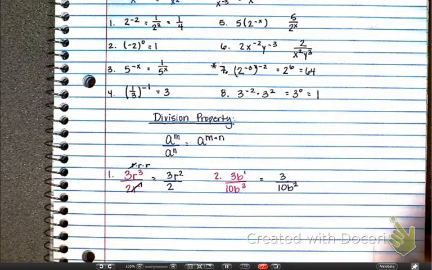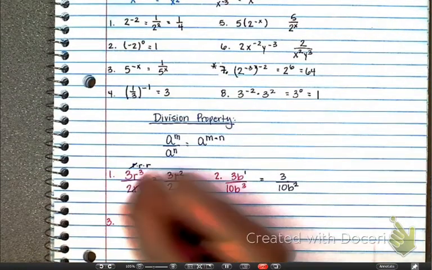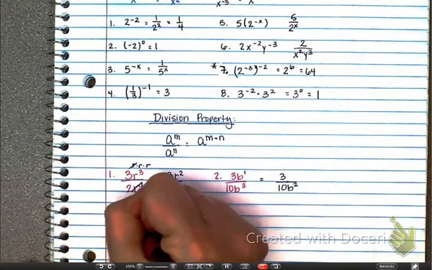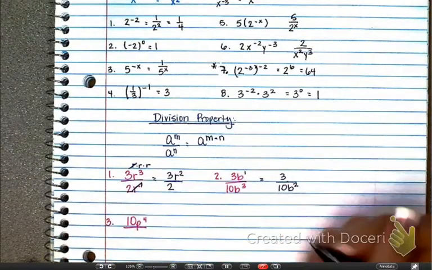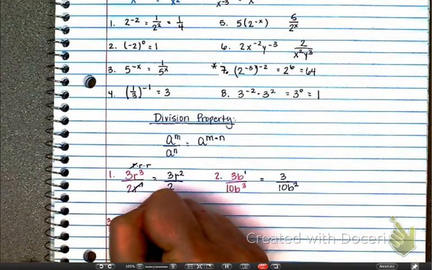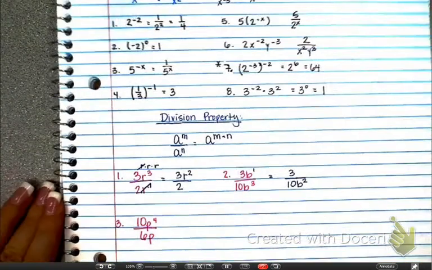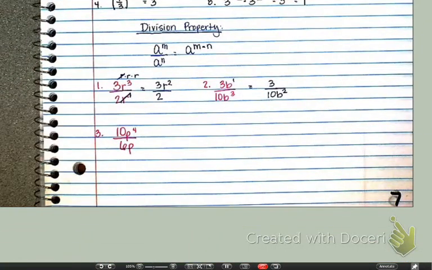Okay, why don't you try this one? 10p to the fourth over 6p. So simplify the coefficients first if you can, and then deal with your exponents.